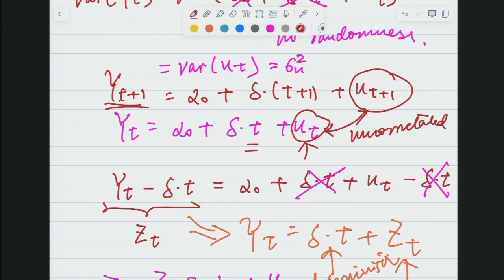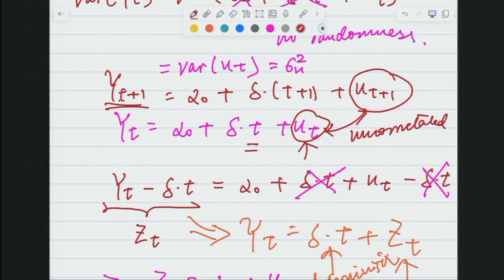The stochastic trend induces changing variance and autocovariance over time. So the random walk with drift has non-constant mean, variance, and autocovariance. And typically, in a time series where we have both types of trend, it's the stochastic part that dominates.